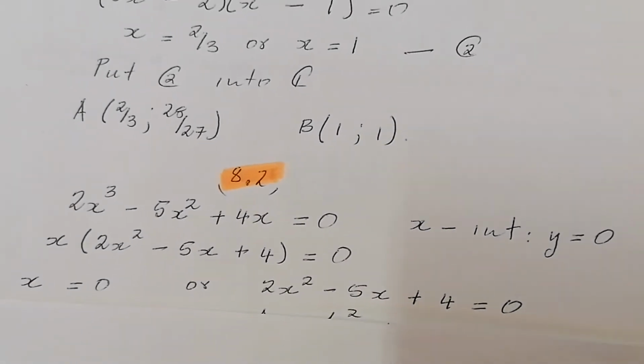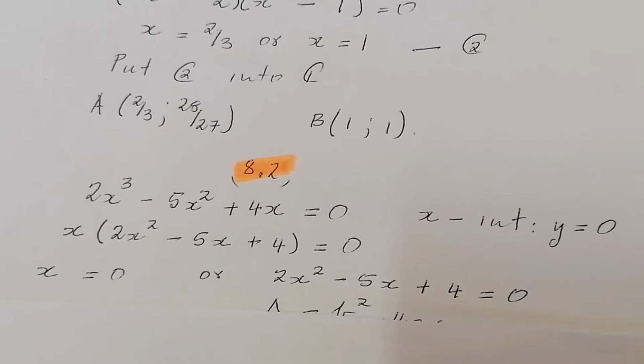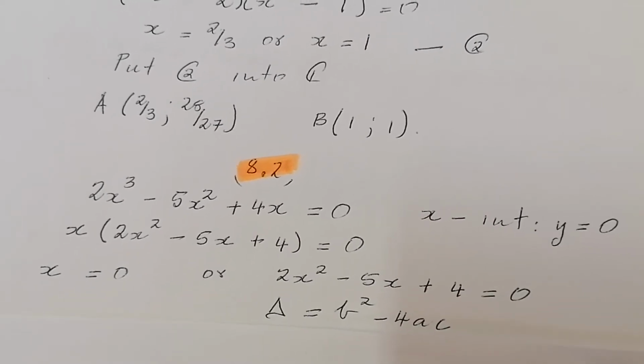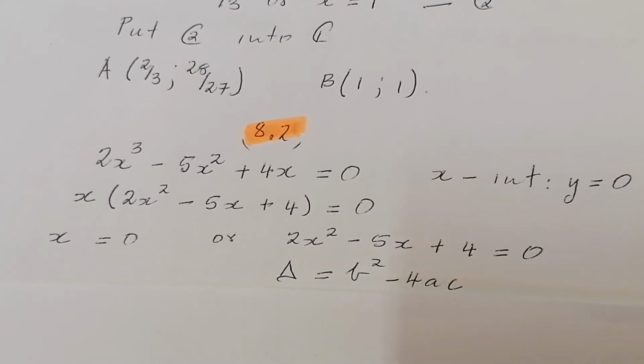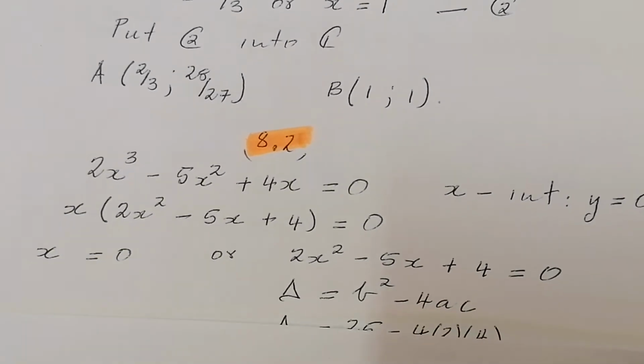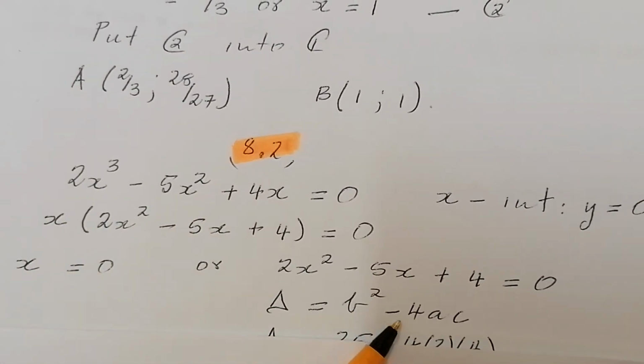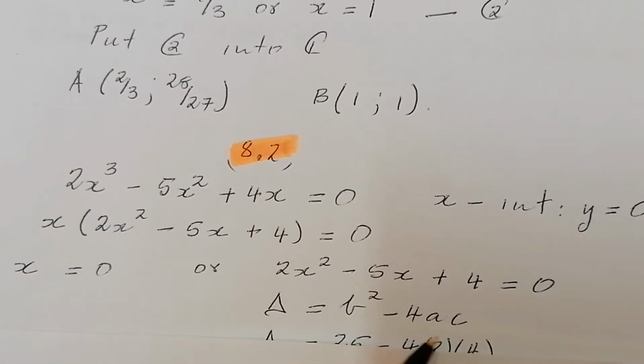Now remember, I want to prove that this has got only one root. What I did is I went to nature of the roots and took the discriminant. My discriminant is equal to b squared minus 4ac.